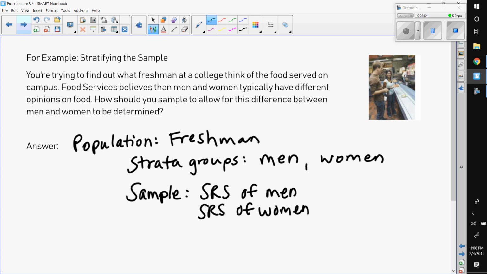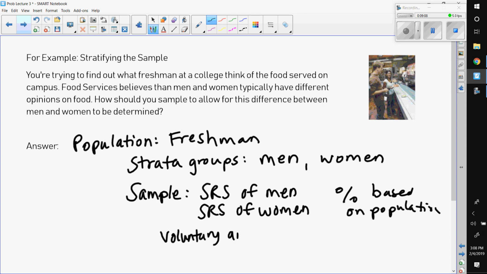And depending on how much, some percentage based on the population here. And really this could become kind of a voluntary thing, which means that you could end up with some bias here because you've got some non-response and you're asking for a voluntary thing.